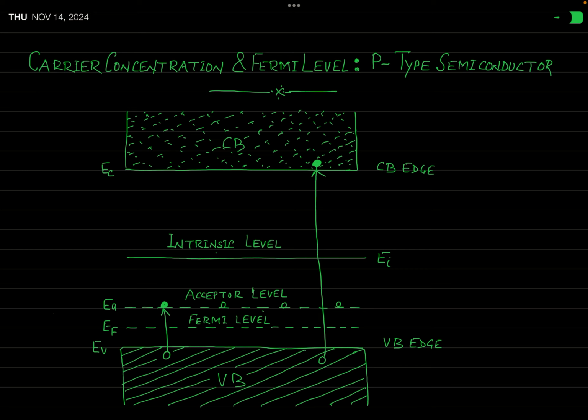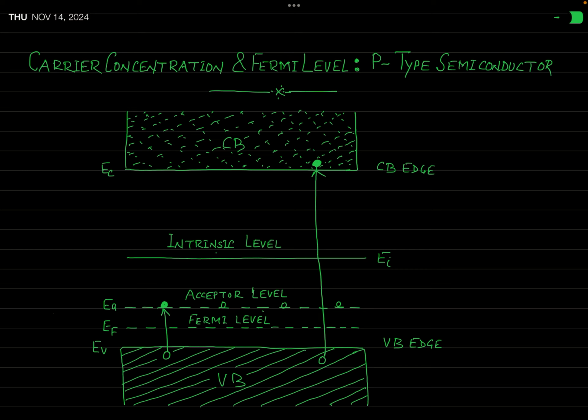Actually, this energy level diagram for a P-type semiconductor, as you can see in this figure, will be utilized to find the concentration of holes in valence band in this P-type of semiconductor and its Fermi level.